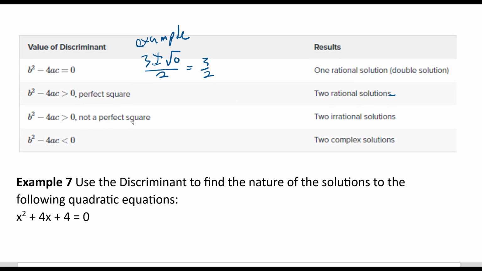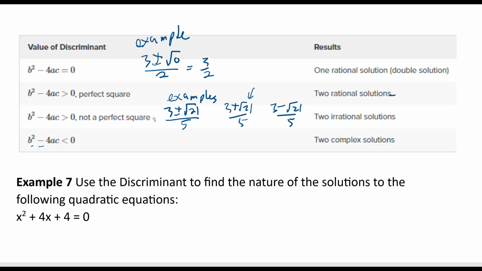If it's not a perfect square, then you're going to end up with something like 3 plus or minus the square root of 21 over 5. So here you have two irrational solutions, because you're looking at 3 plus the square root of 21 over 5. That's irrational because of the square root of 21. And 3 minus the square root of 21 over 5, also irrational. So let me just say examples.